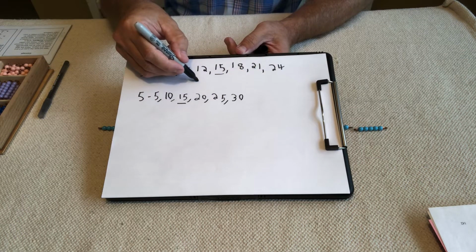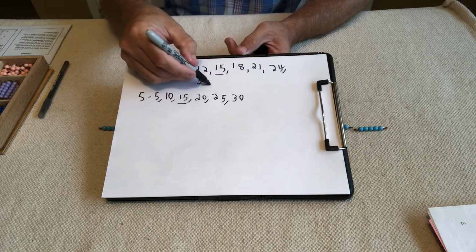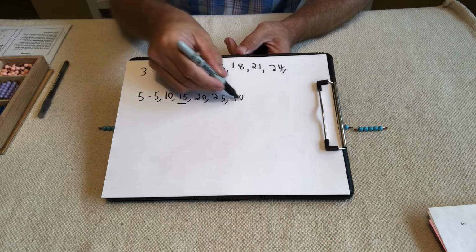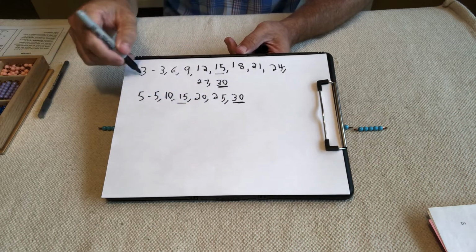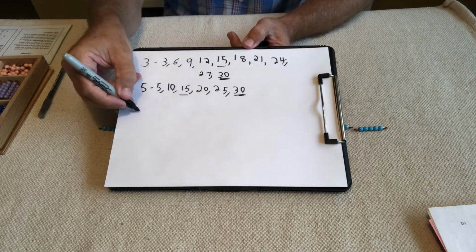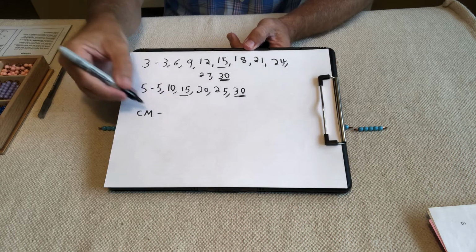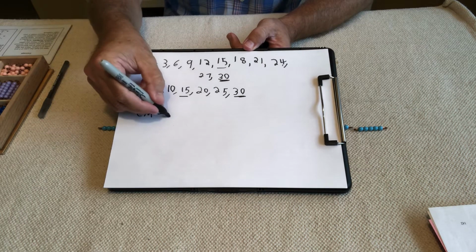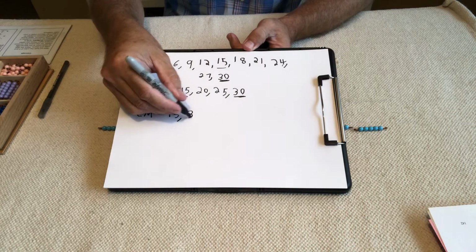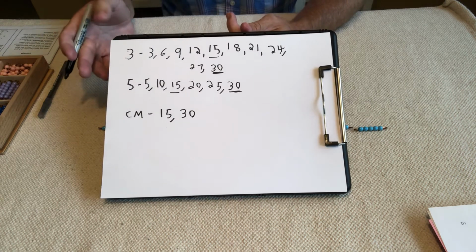I'll make a second row down here. 27 would come after 24, and then the next one would be 30. I knew that because I know that 3 times 10 is 30. So that was an easy one. The common multiples, I'm going to write CM for short, for 3 and 5 are 15 and 30. So far, 15 and 30. I mean, there's more of them.